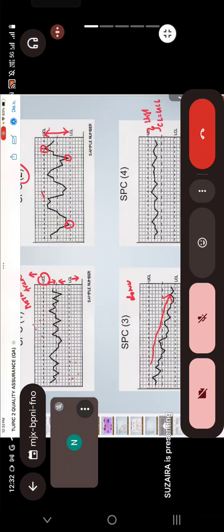This one is high, only covering this area. With this kind of trend, because it is going down, it might probably go down to the LCL after this. So there must be a PM that you need to come up with.